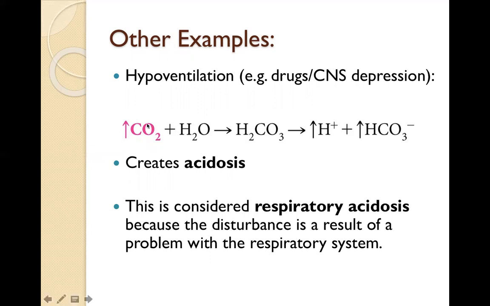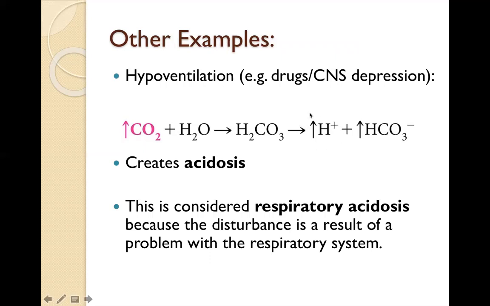So that decreased carbon dioxide elimination is going to accumulate in our blood. And it's going to drive the reaction to the right. It's going to cause more hydrogen ions in solution. It's also going to make more bicarbonate, but these can't buffer each other because this reaction was pushed to the right because of increased carbon dioxide. So you can't buffer hydrogen ions that came from an increase in carbon dioxide.